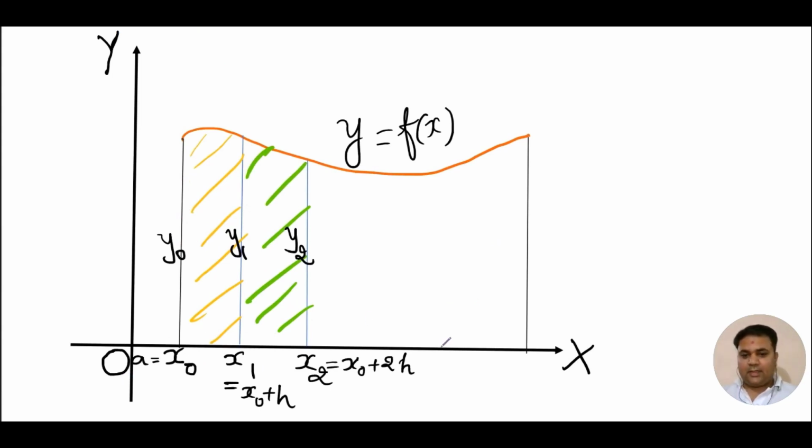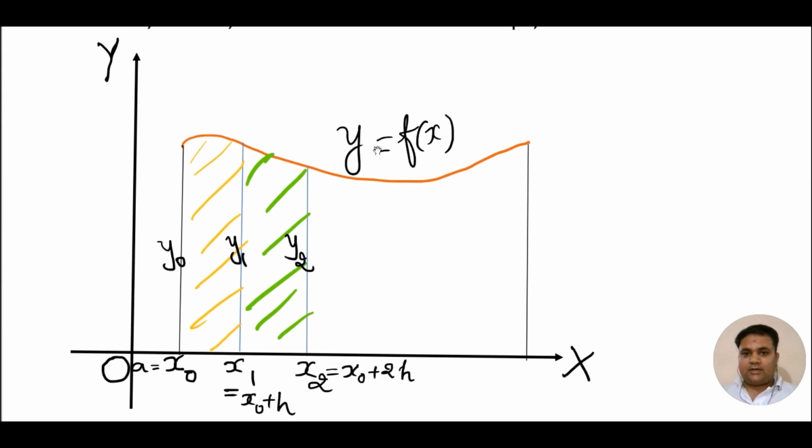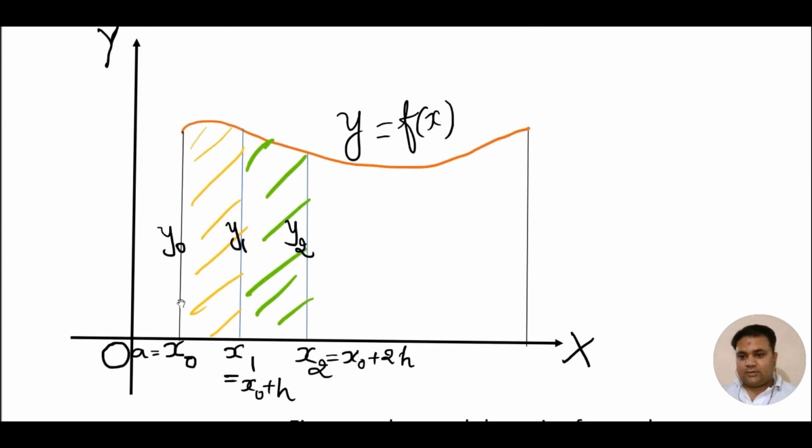Fine. You can see here what the picture will be. If you see this xy plane, this is our curve y is equal to f(x), and for this curve, for example, this is my abscissa x0, which is nothing but a. Then the corresponding y0 is the height, and this is the point (x0, y0).